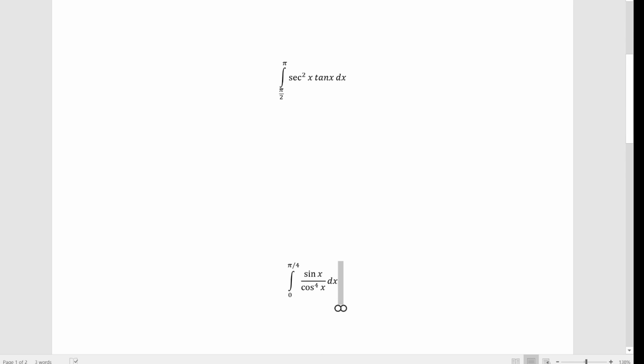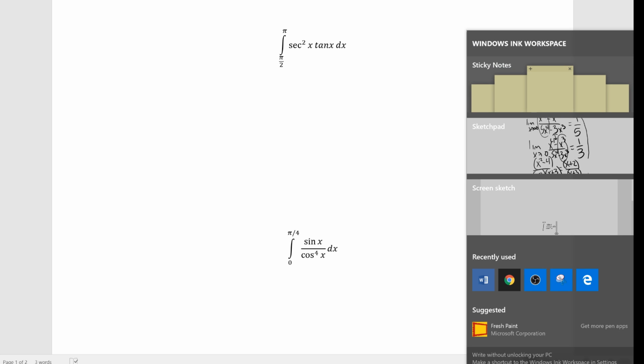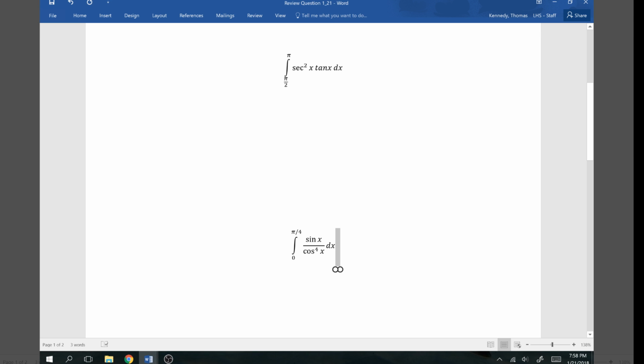All right, so a lot of the questions I got ahead of time related to doing trig with U substitution, and this is one of my favorite questions to do for that. This secant squared x tangent x one is a very fun U substitution. You have a choice here on what you do for U. If you make U equal to tangent x, then the derivative of tangent x is secant squared x, and it turns out that's exactly our evidence here.